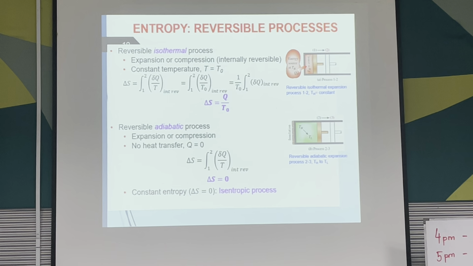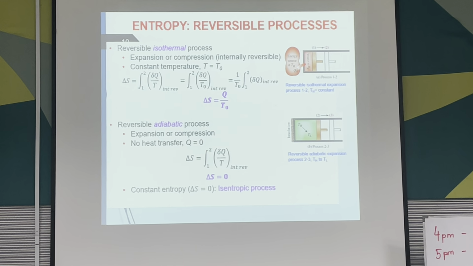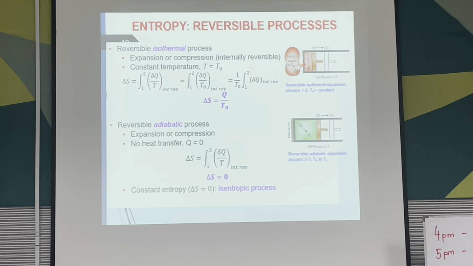This is what we call an isentropic process, which is a constant entropy process. So technically speaking, an isentropic process is an adiabatic process, because entropy, as you can see from the equation Q over T, is primarily caused by heat change.